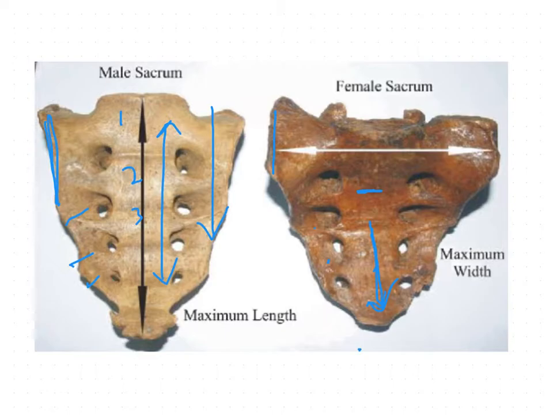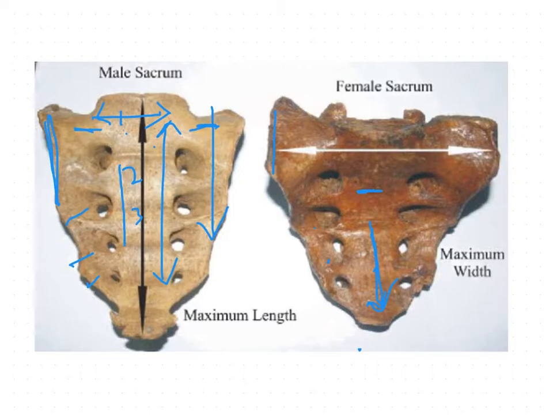In the male, the transverse measurement of the body of the first sacral vertebra is more than any other vertebral body, and it is also more than the ala on either side.